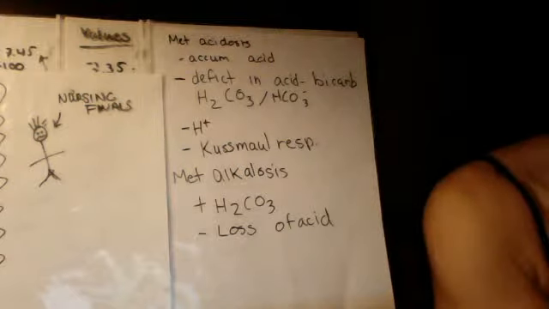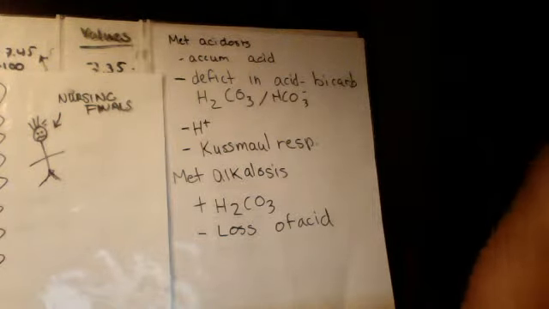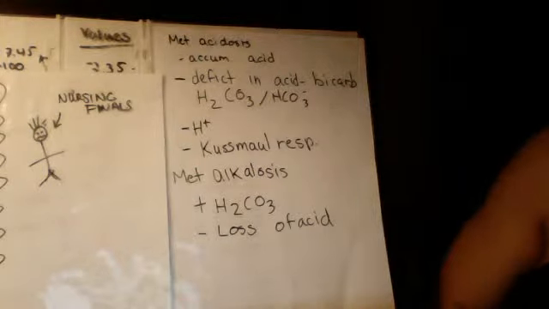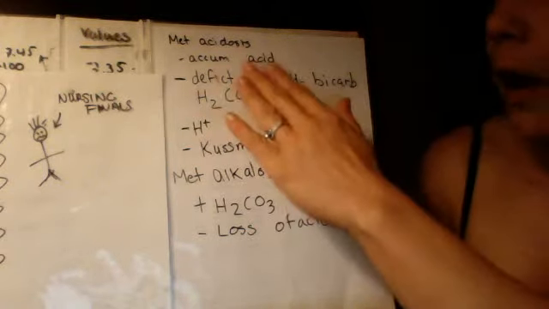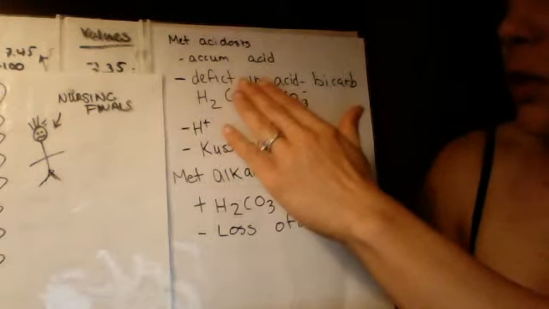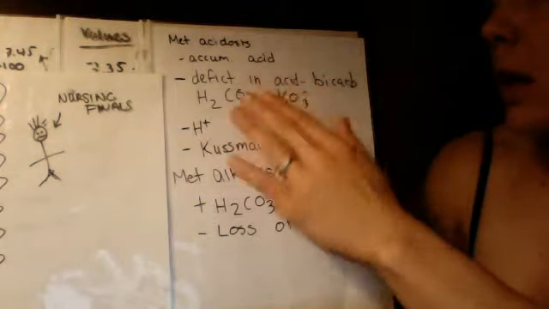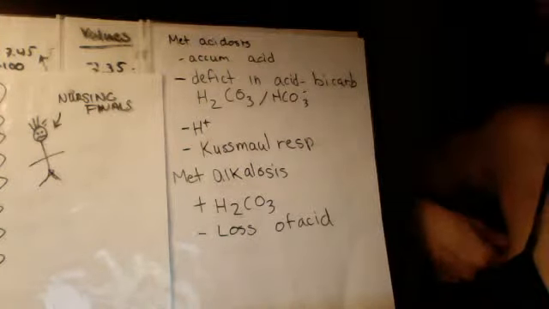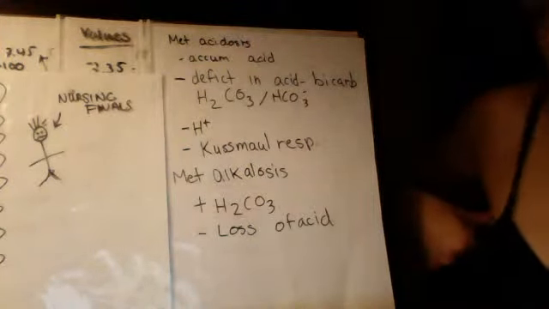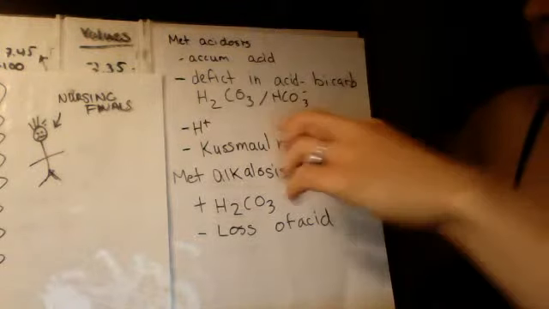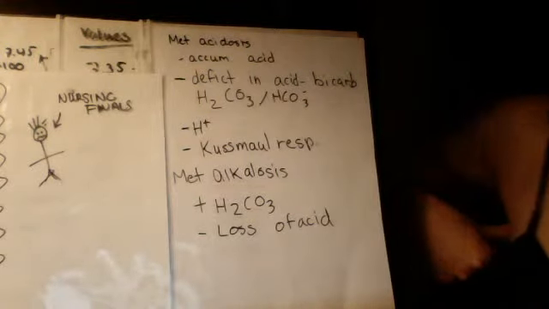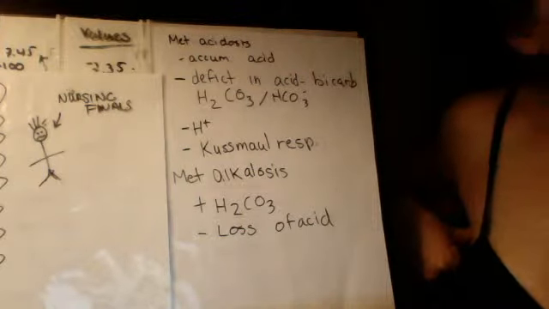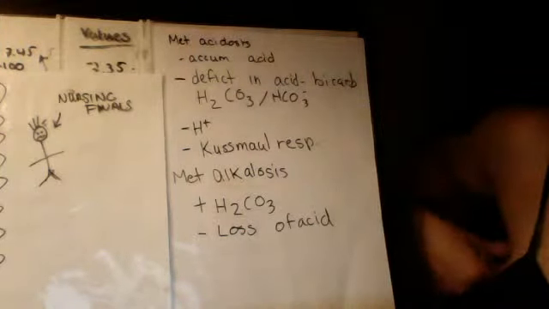Metabolic acidosis is the accumulation of acid in the body, or being deficient in acid bicarb. So if you remember back to our original topic of managing the pH through the buffer system, that acid bicarb is important because it's what is used to help take really strong acids and turn them into weaker acids.